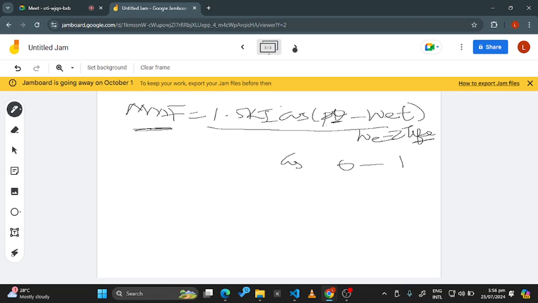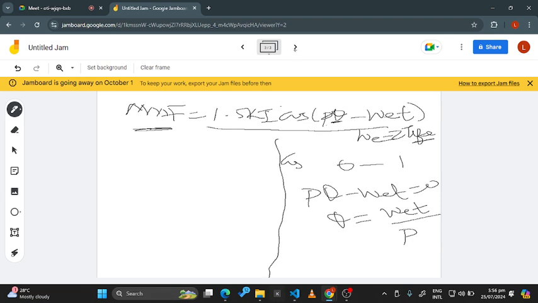That's cos 0. So if cos 0, then P times theta minus omega e t should be equal to 0. And if that's the case, then theta should be equal to omega e t divided by P. Is that okay? This is one way to solve it.